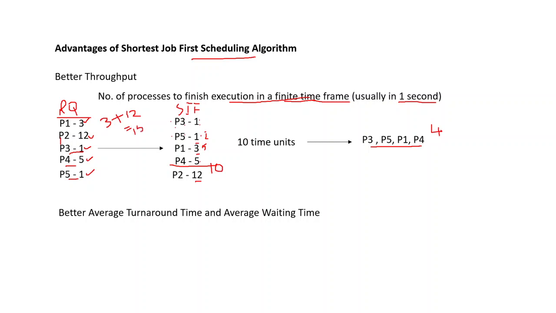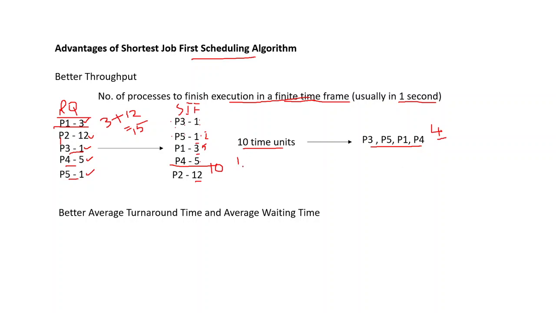So see, at 10 time units for this unordered algorithm, the only process to have finished will be P1. That is, only one process had finished instead of 4 in case of shortest job first.